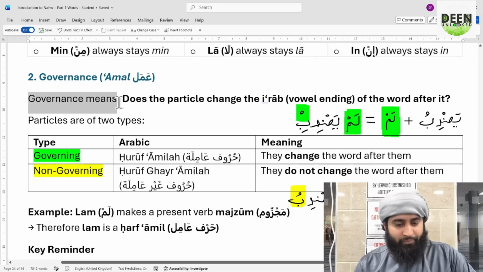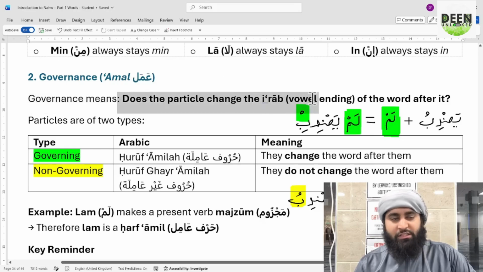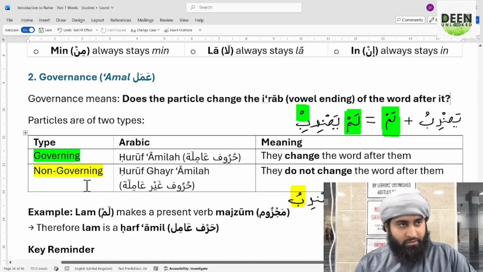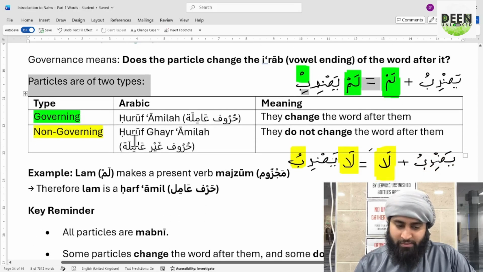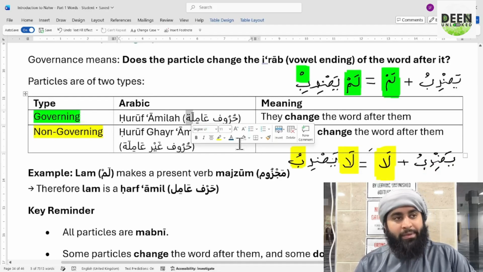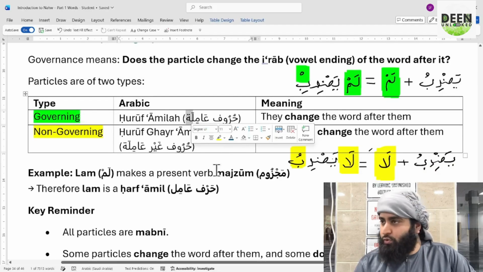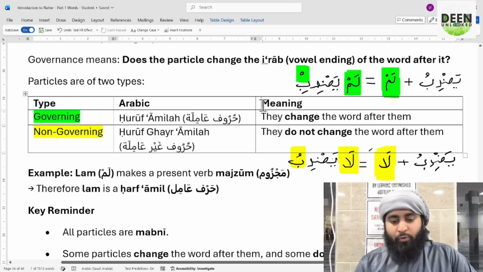So, governance, what do we mean? Does the particle change the i'rab, the vowel ending of the word after it? So, particles are of two types. You have governing, which is called huruf amila. Say with me, huruf amila. And what do they do? They change the word after them.